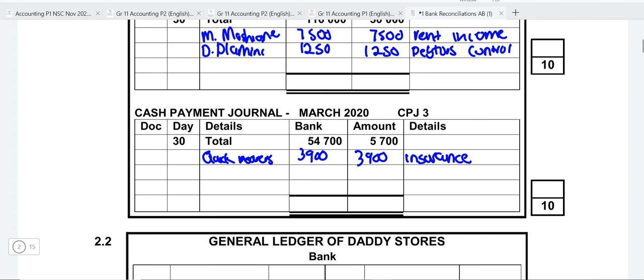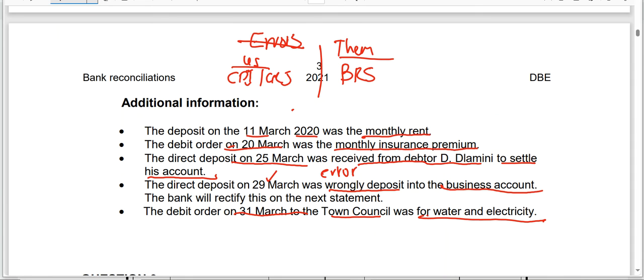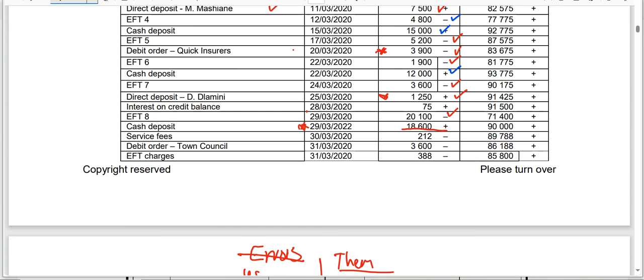We know that a debit order is for payment, so we will write town council here, and then the amount that was paid according to our information, they said on the 31st. So if we go to the 31st, we will see that the debit order was for 3.6.